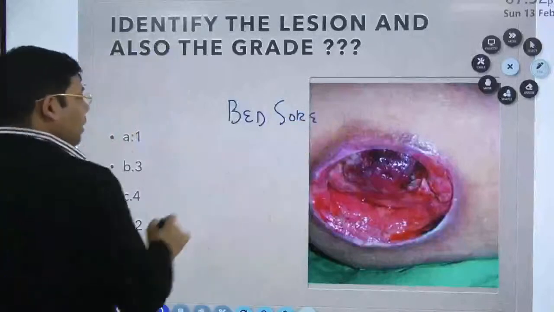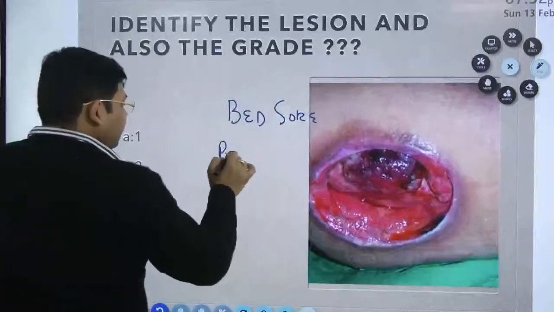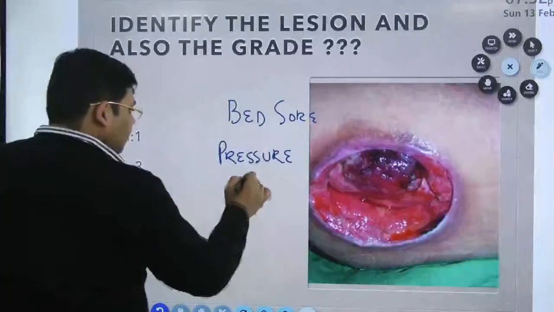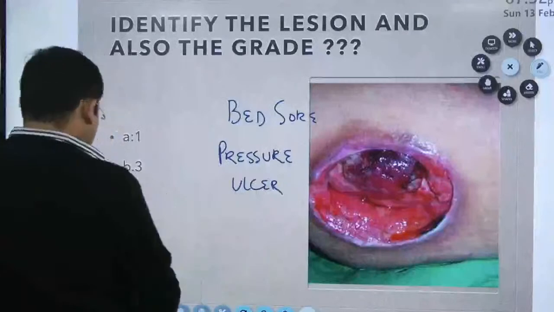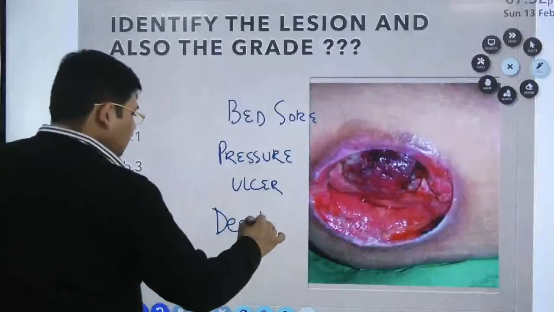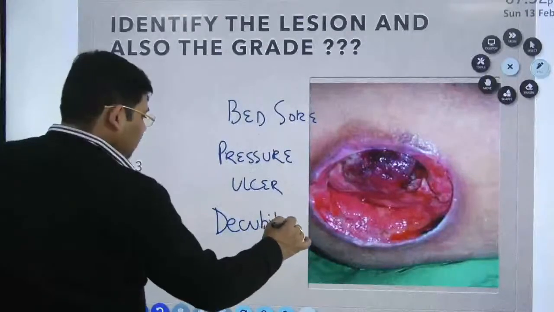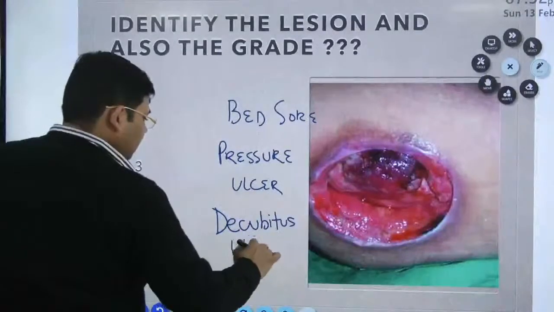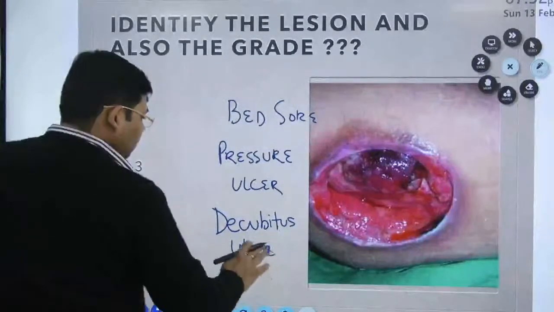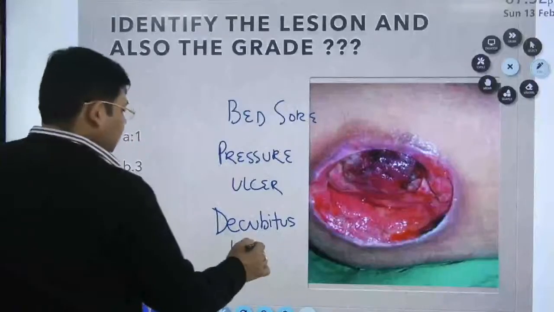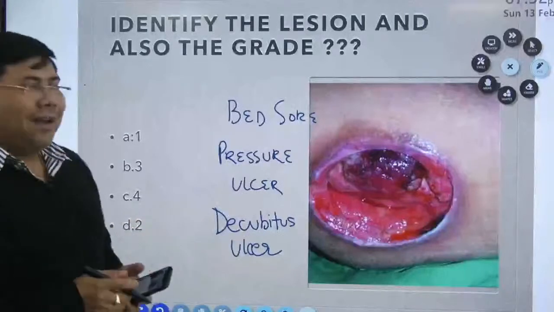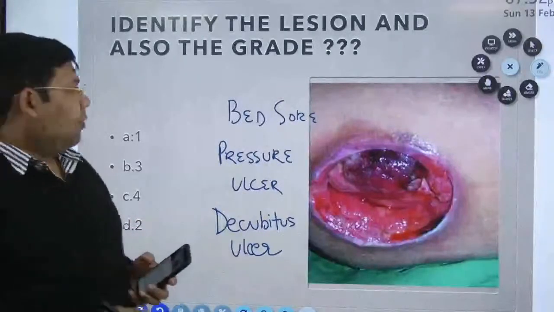Or you can say it is a pressure ulcer. Or what else it could be? It could be a decubitus ulcer. Okay, so tell me what grade it is. Let us talk about the grading.